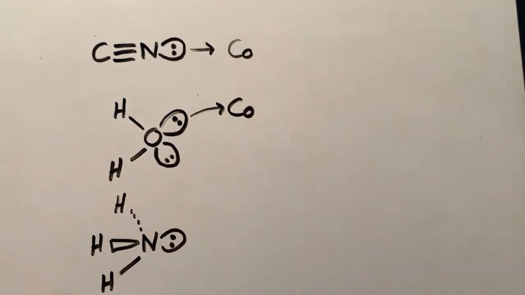For consistency, we'll just say onto cobalt. The nitrogen again will datively bond using this lone pair of electrons onto your transition metal.